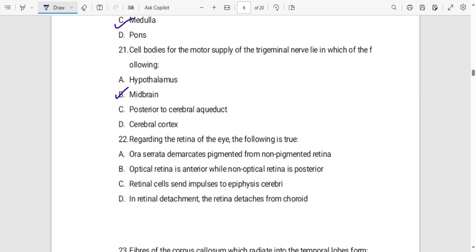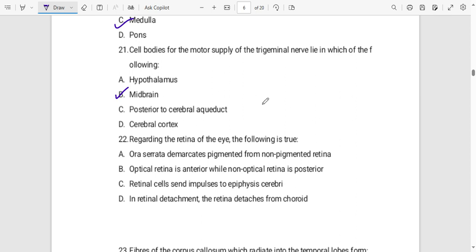Anything that you know? Okay, so the ora serrata is a junction between the retina and the ciliary body.